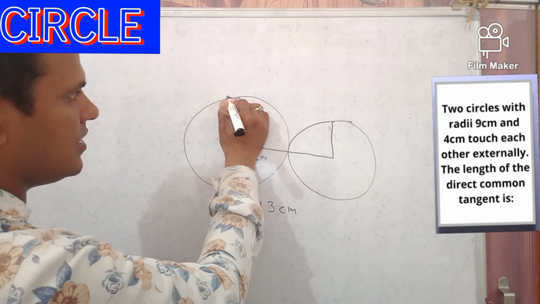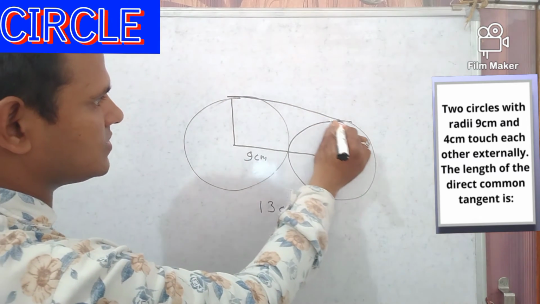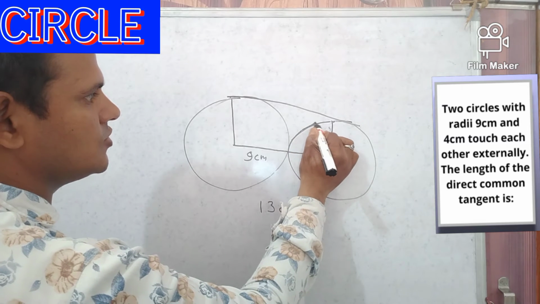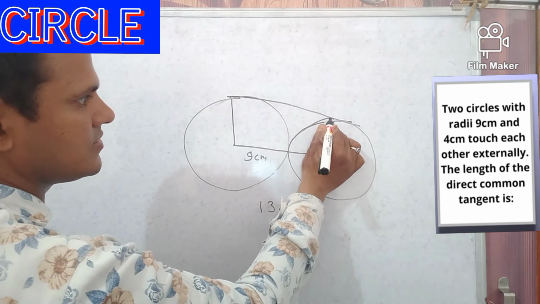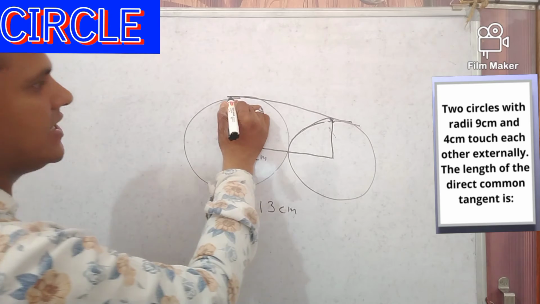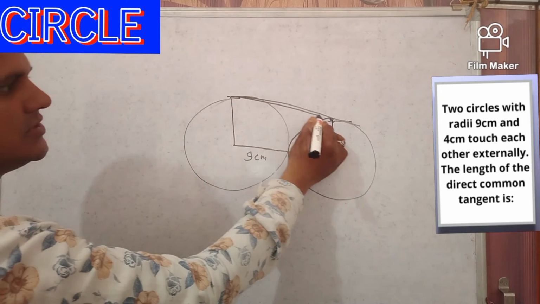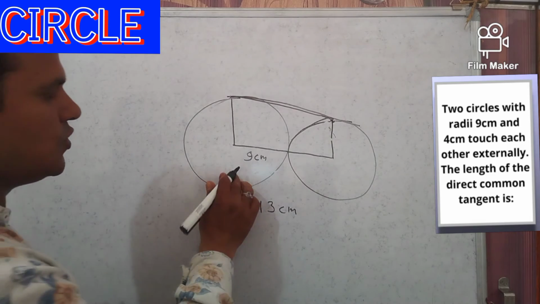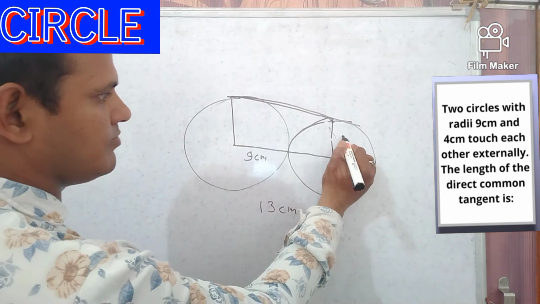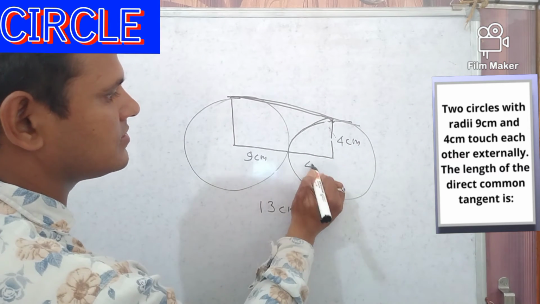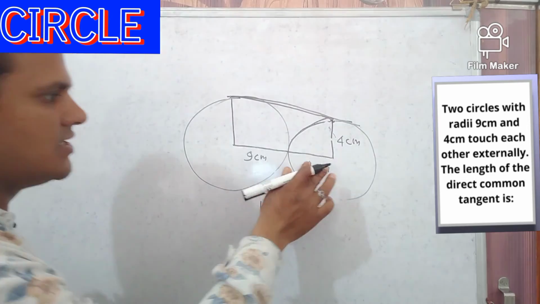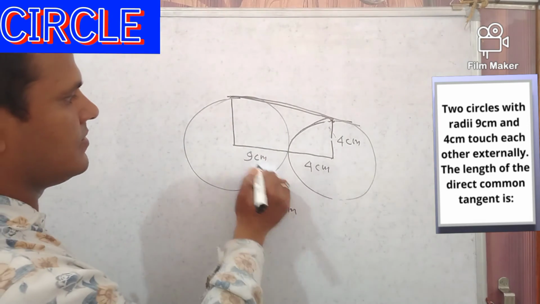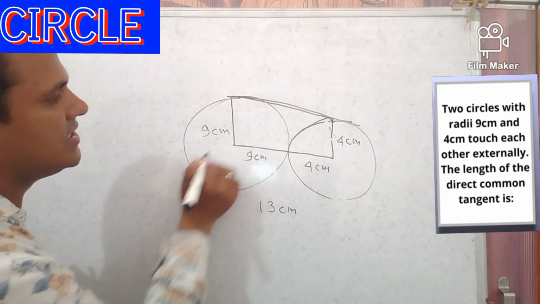Now draw your tangents here to here. The circle would be like that. Our target is to find this length, the common tangent. The radius of this circle is 4 centimeter and this is 9 centimeter.